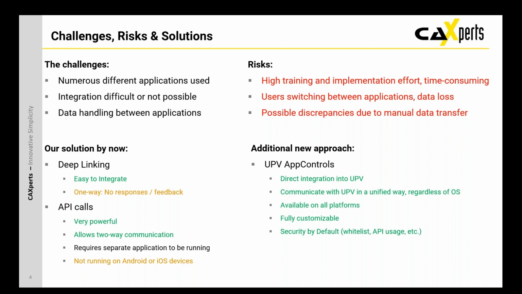This means it's available on all platforms: Android, iOS, Windows, and browser-based viewing, which on the other hand can even run under Linux or Mac OS or whichever system you use, as long as it has a functioning HTML5-enabled browser, you're ready to go.